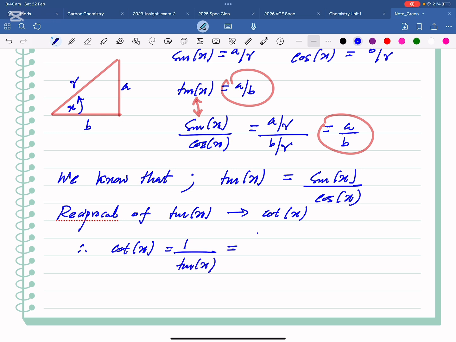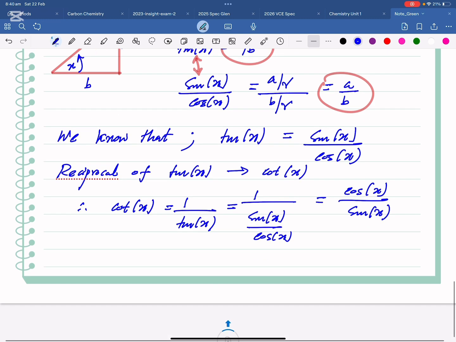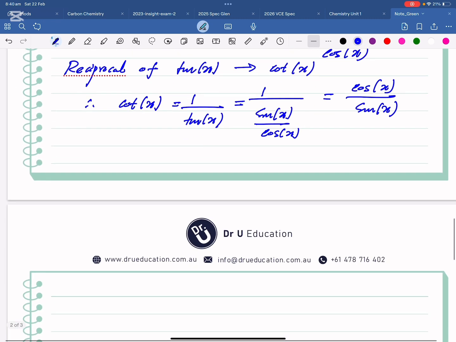So what is tan x now? Sin divided by cos, right? It comes like this. Now simple algebra, this is going to be cos x divided by sin x. Simple stuff, right?